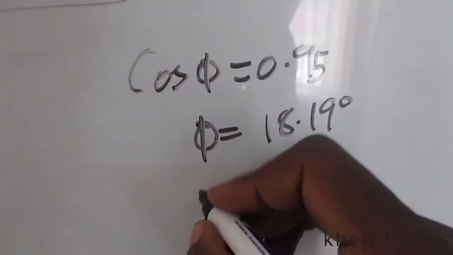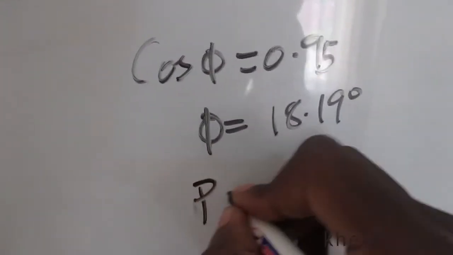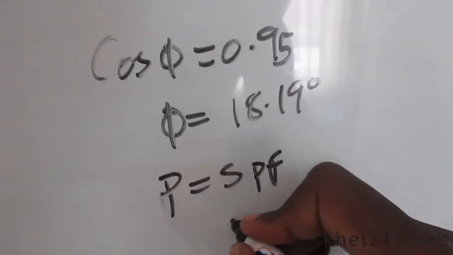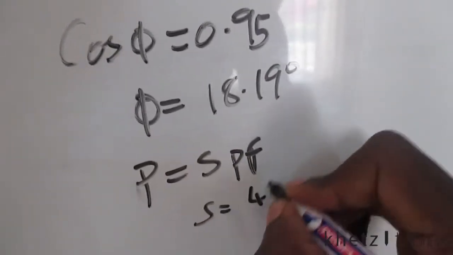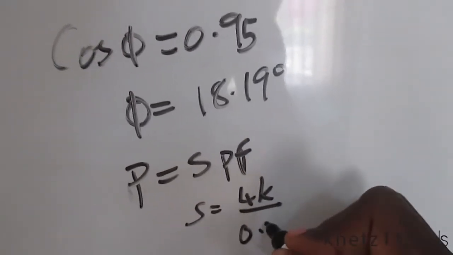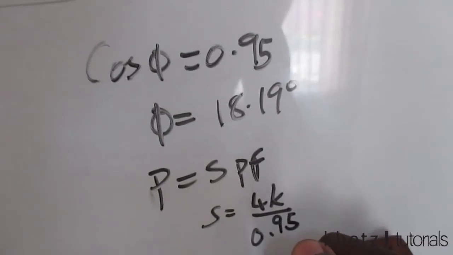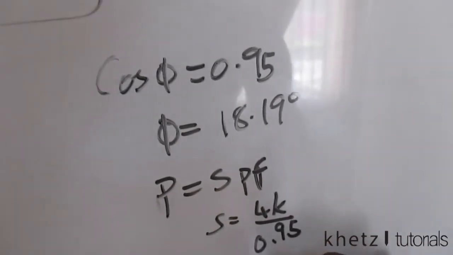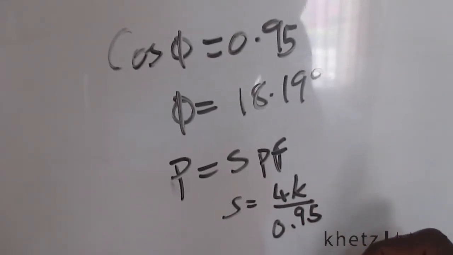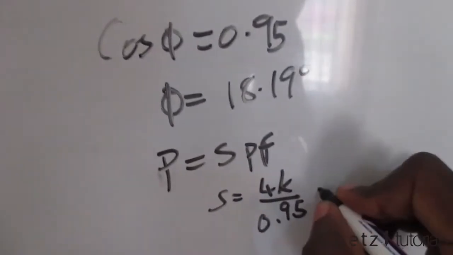Now we're going to compute the value of S using this formula. S is basically going to be 4K divided by the power factor of 0.95.